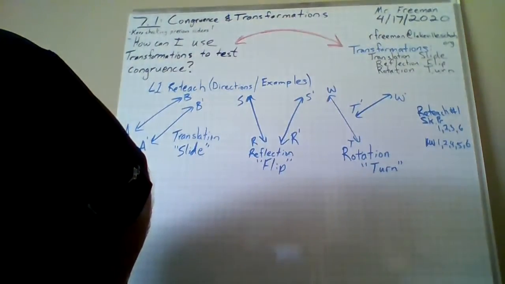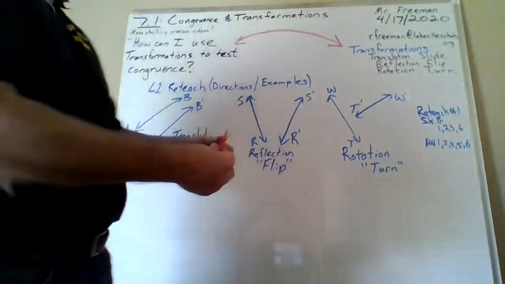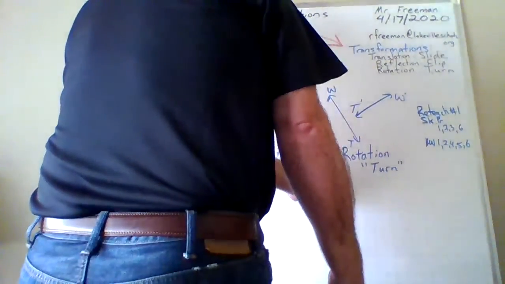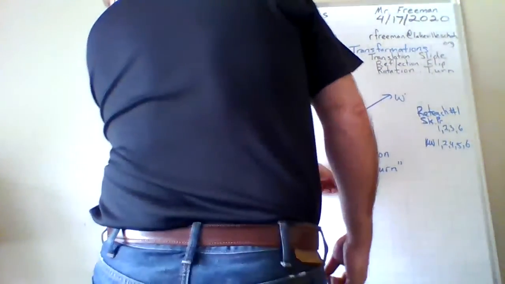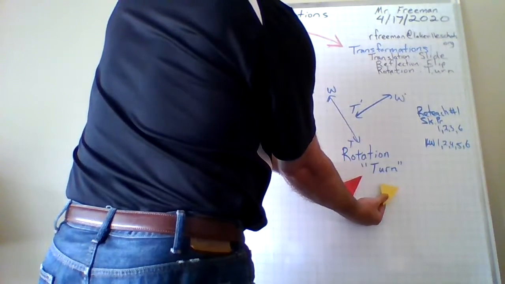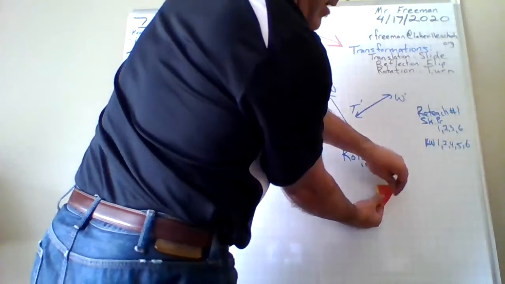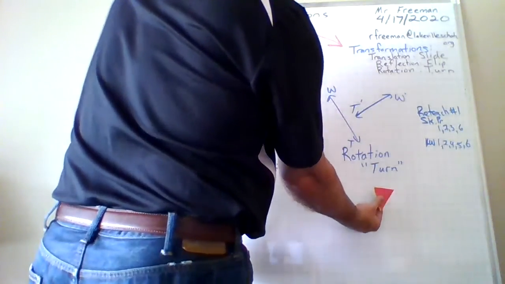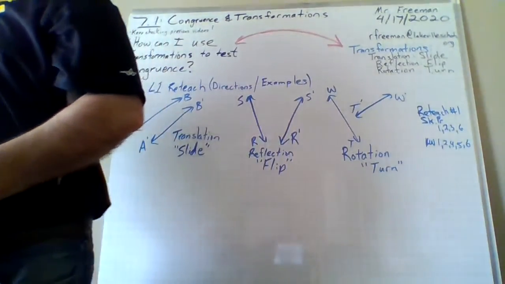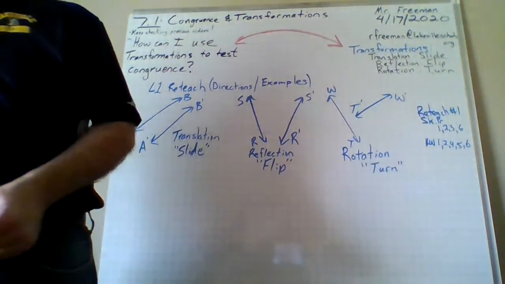Number 2 on that skills practice looks a little different. One shape is like this, and the other shape, if I'm doing it right, looks kind of like this. If you rotated that, then you could get it there. That would be a rotation of probably close to 180 degrees.